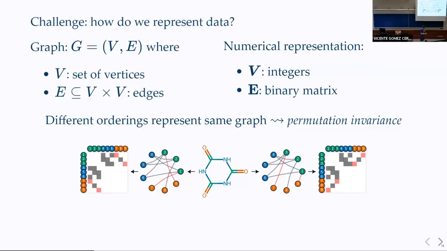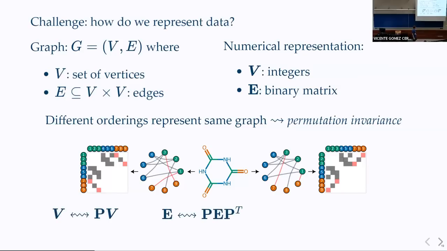It's the same graph because it represents the same molecule, so it has the same vertices and the same edges between vertices. But here we draw the vertices in a different order compared to here, and that results in these edges looking different, which then results in the matrices that we assemble on our computer in order to work with the data looking different, because one of them is a permutation of the other.